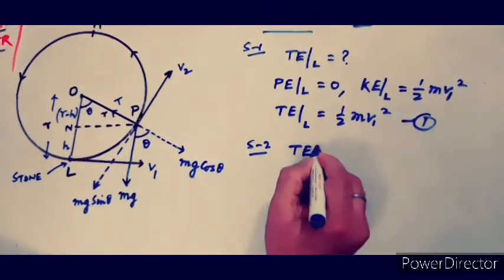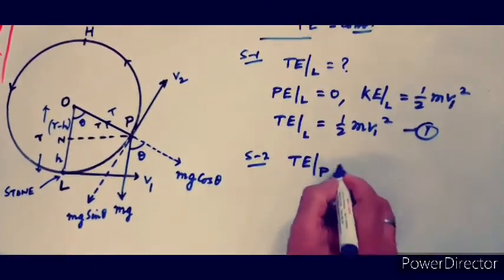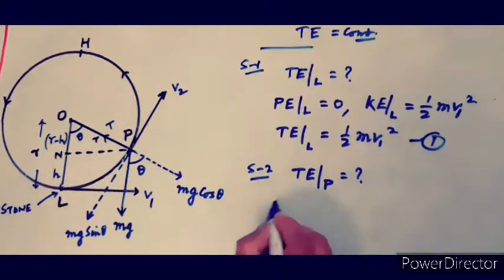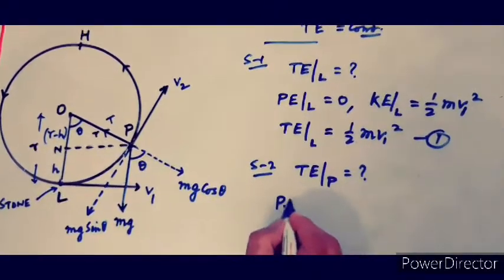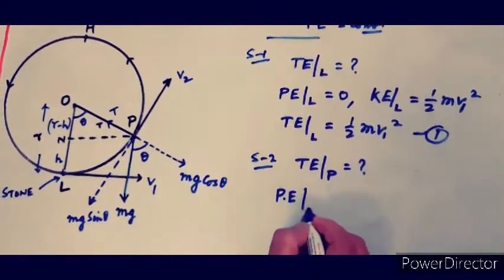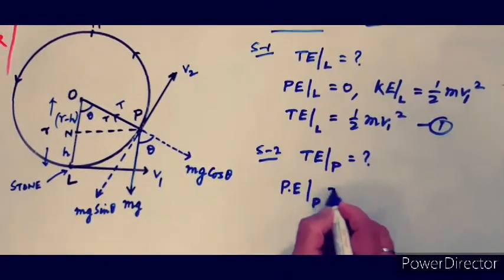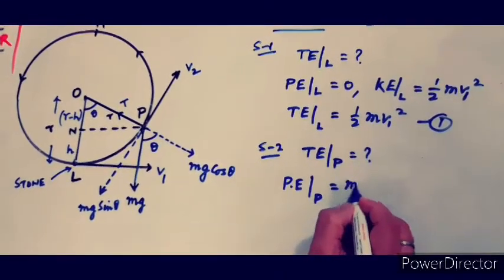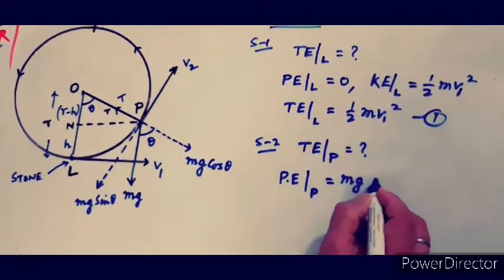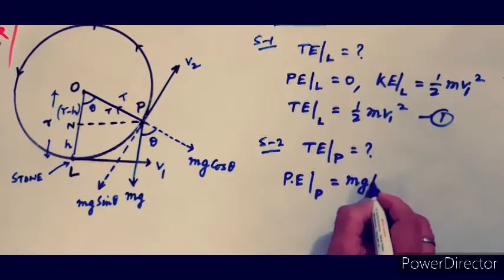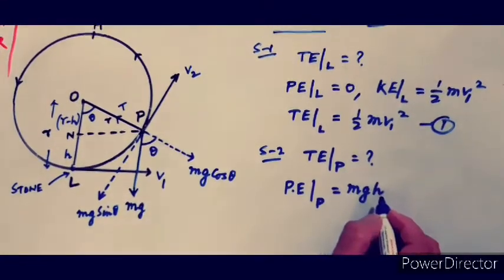Step 2: we have to find the total energy at point P. Similarly, the potential energy at point P is m into g into h, the basic formula mgh.